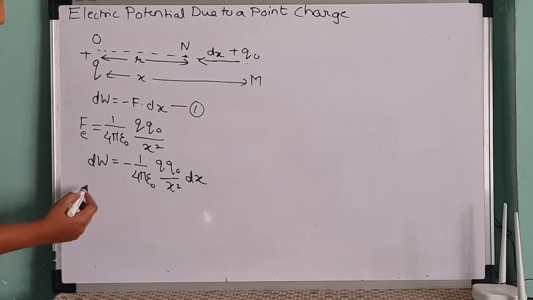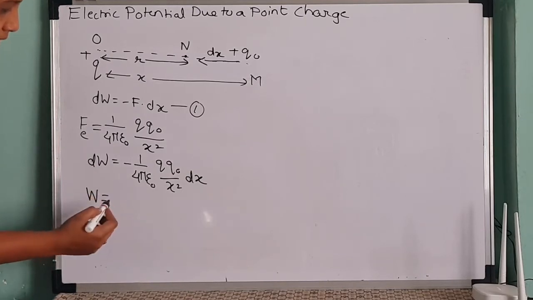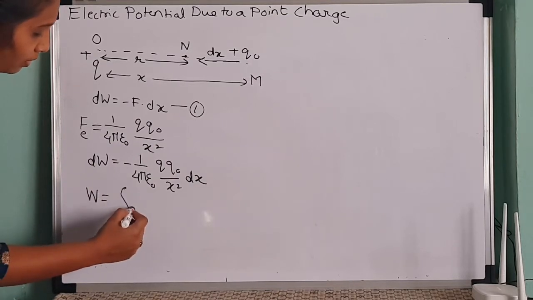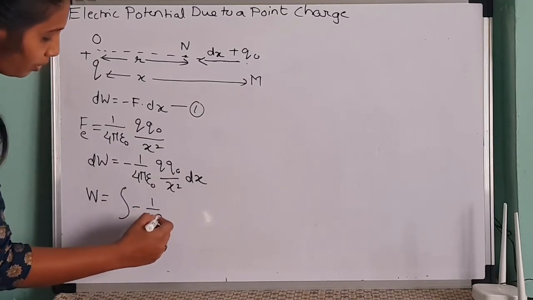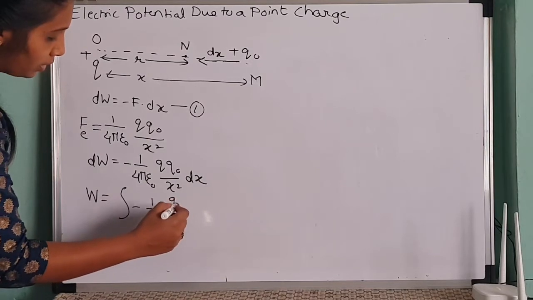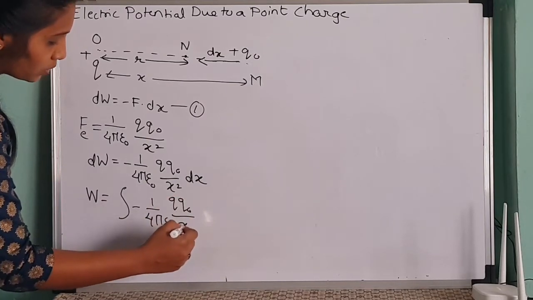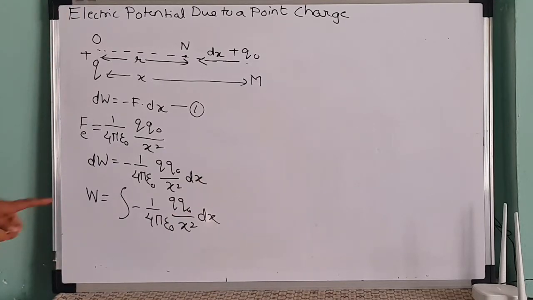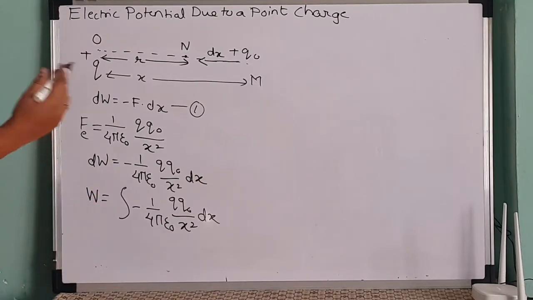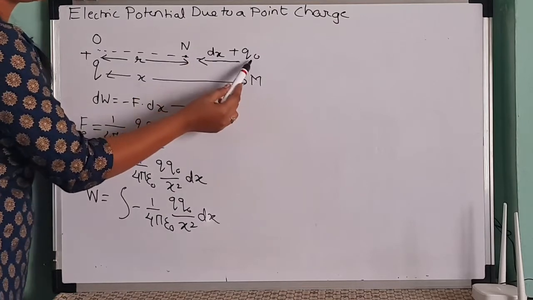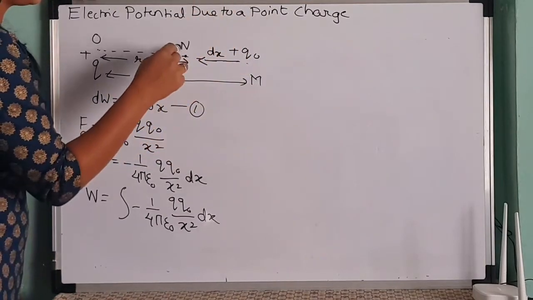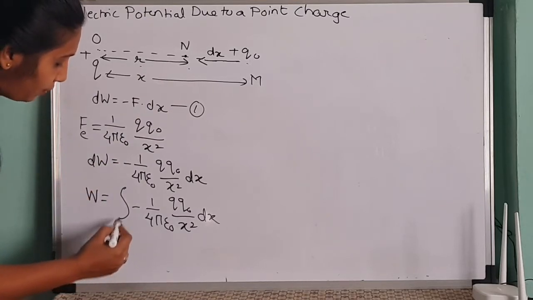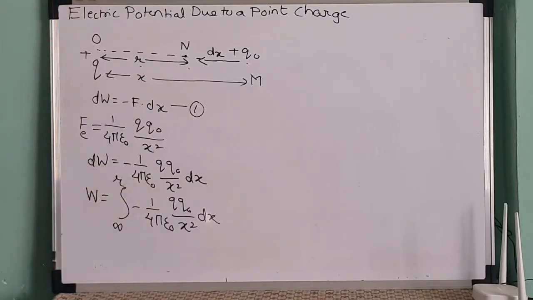So the integration of dW is W, and all other things will come under integration, that is the integration of minus 1 upon 4 pi epsilon naught Q Q naught upon x square into dx. Now we need to put in limits, where I am taking this plus Q naught charge from infinity to N, meaning till distance R. So I will write the limit from infinity to R.